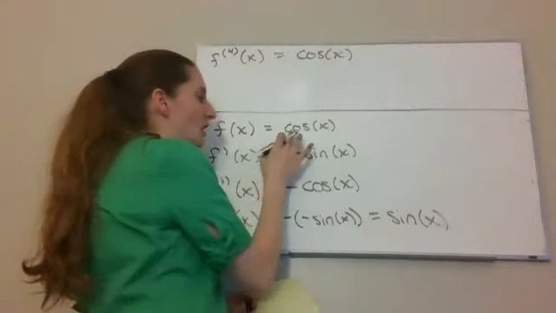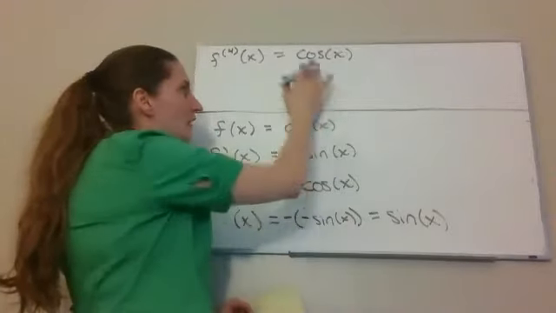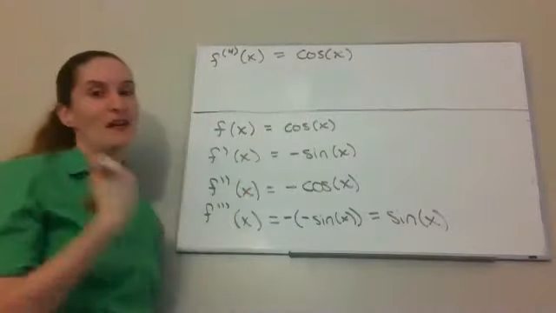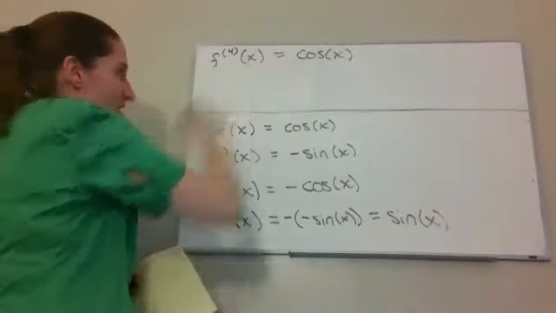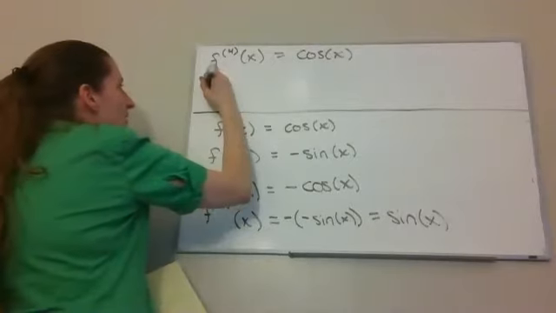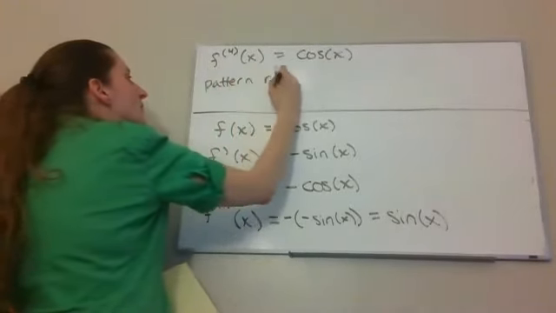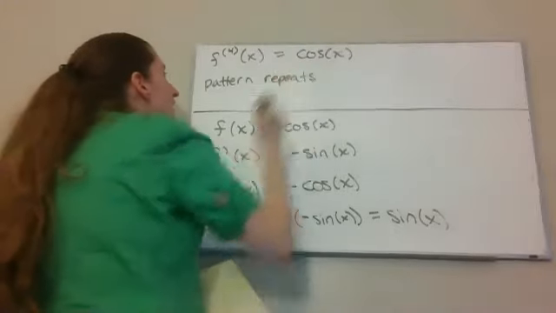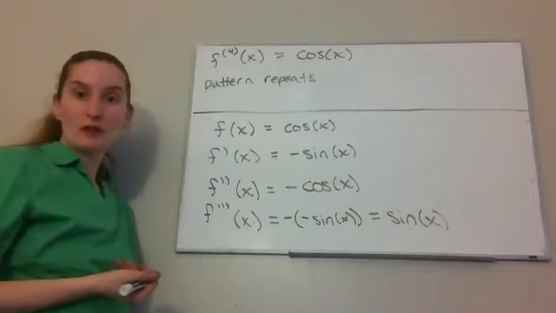It's going to go cosine, negative sine, negative cosine, sine, cosine, and it just keeps repeating. So notice my fourth derivative got me back to cosine. The pattern's going to repeat. And so I know that the next time I get cosine will be after another 4 derivatives.